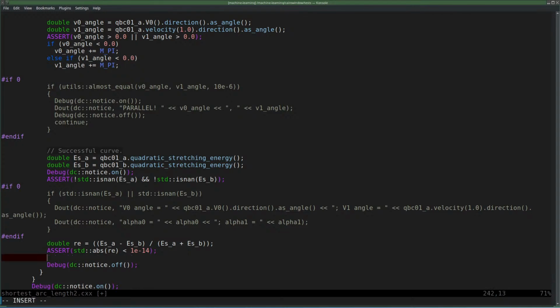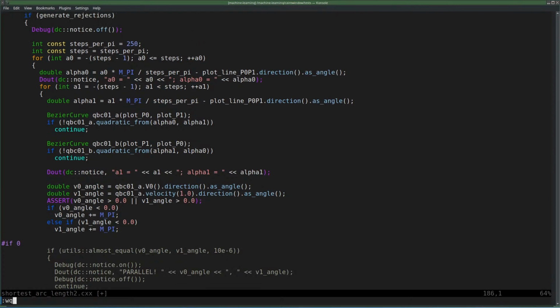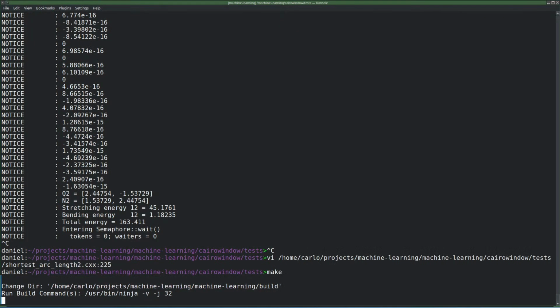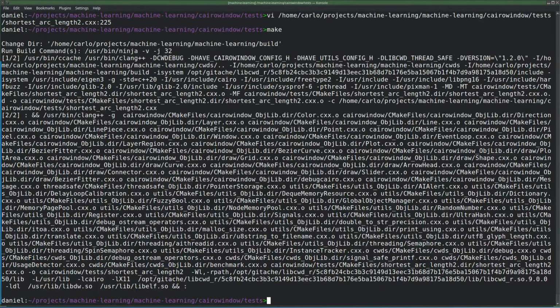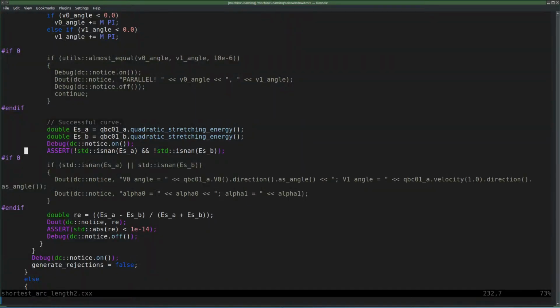Yeah, I can print it. None's still happening. Okay, I guess that is related to when they are parallel.